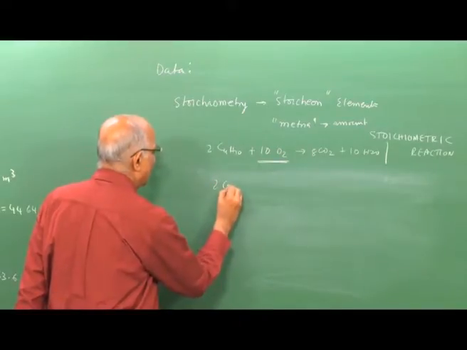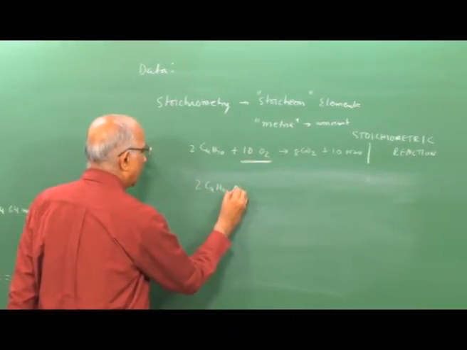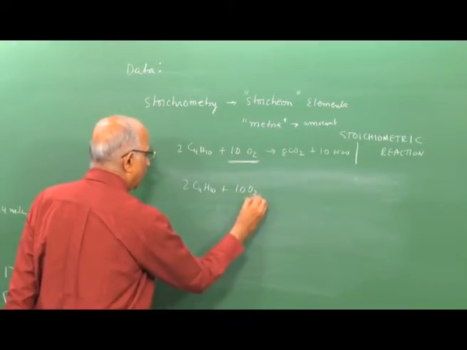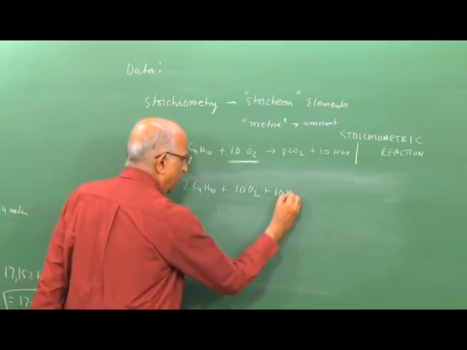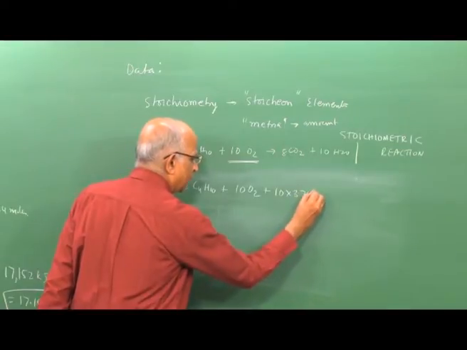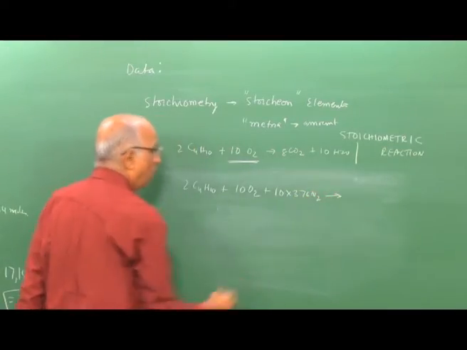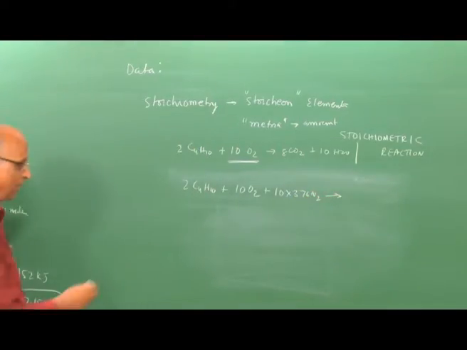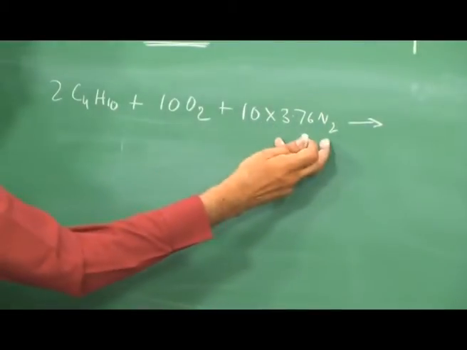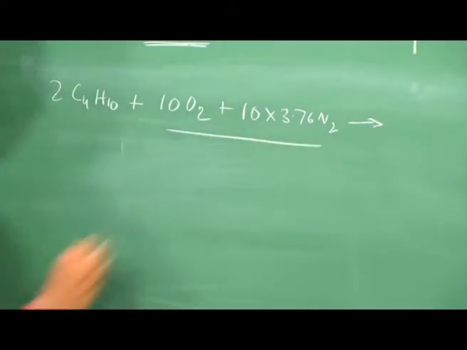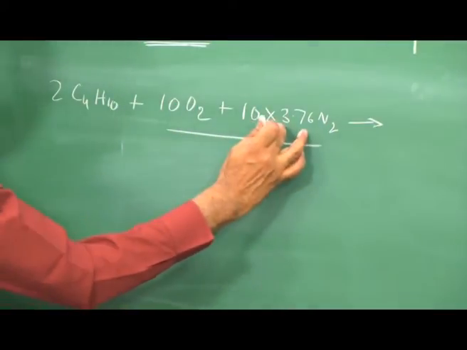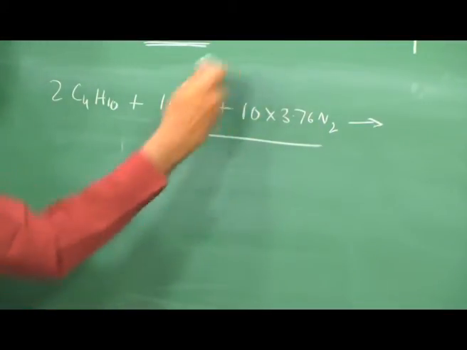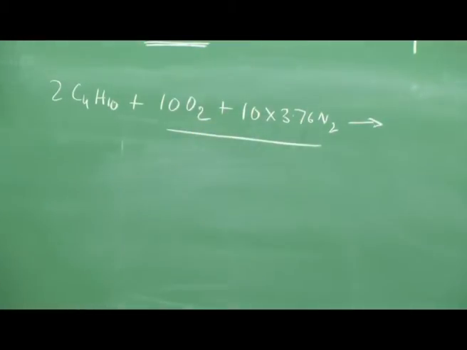I have 2 C4H10, 2 moles of butane, plus 10 of oxygen. Since I am having air, I am going to get 10 into 3.76 of nitrogen, which is going to form my products. Therefore, now you see I have added nitrogen, therefore this becomes air, and the total moles of air are 10 plus 10 into 3.76, the total moles of oxygen and nitrogen in the air.